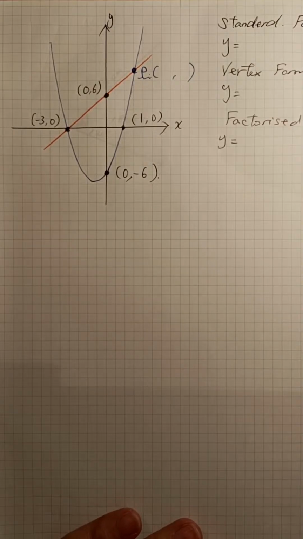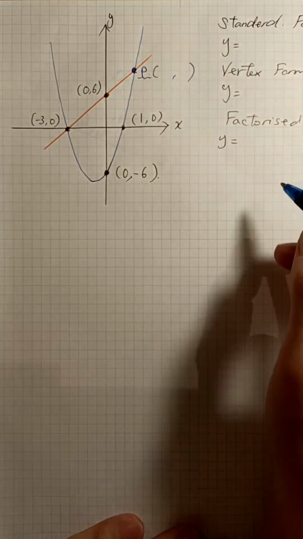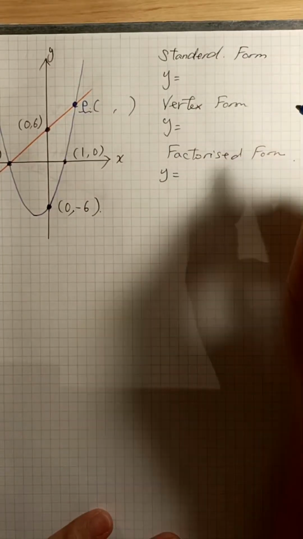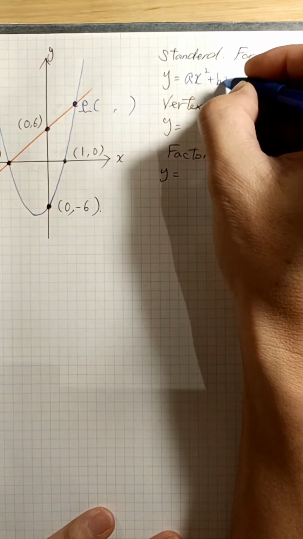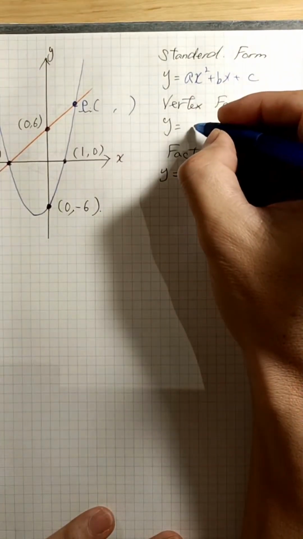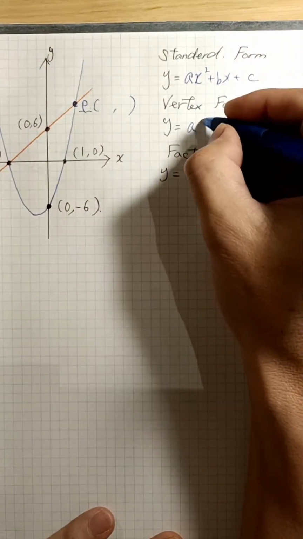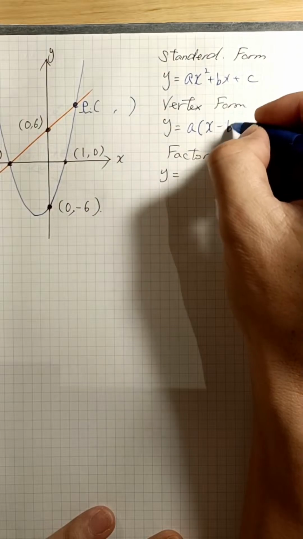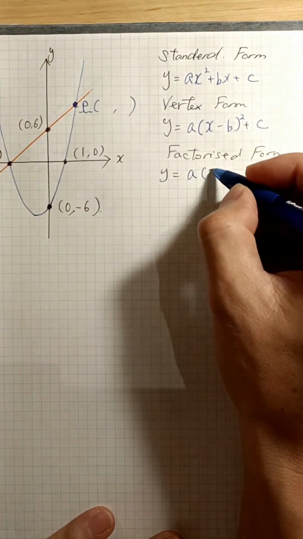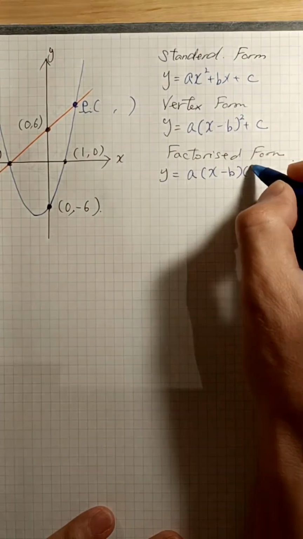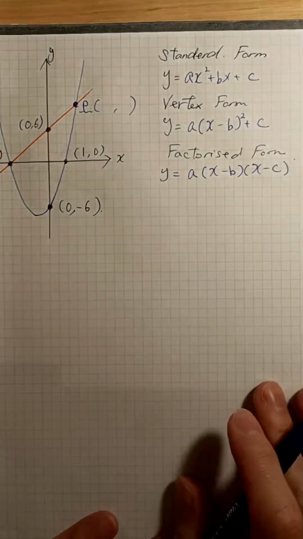I feel like this one is going to be in the exam, but as I mentioned before, standard form is ax squared plus bx plus c, vertex form is a bracket x minus b squared plus c, and factorized form is a bracket x minus b, x minus c.